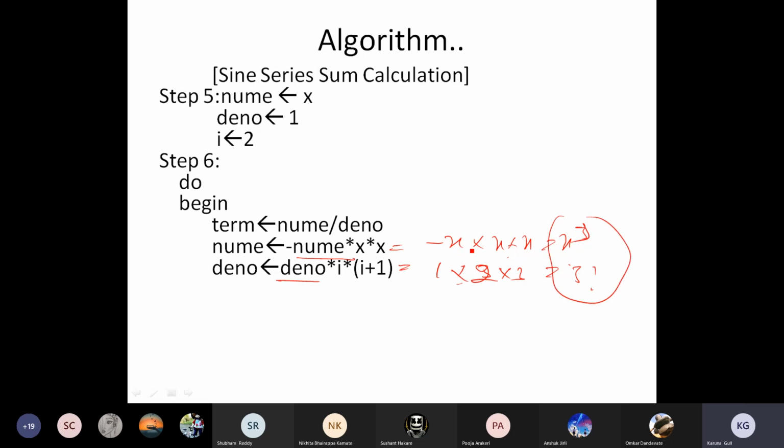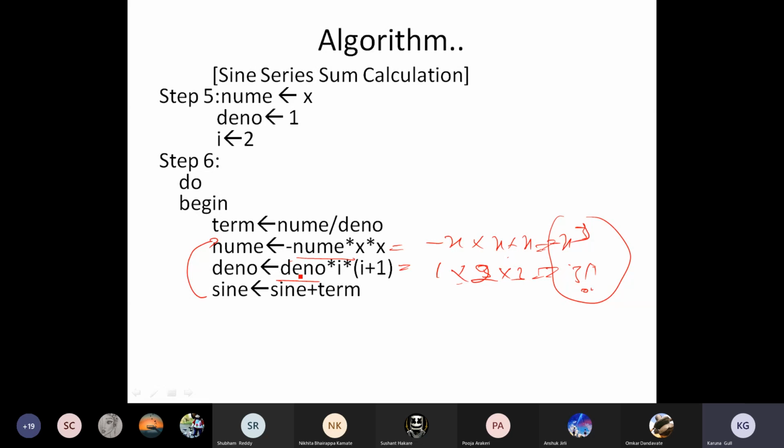So have you got the next term of the Taylor series here? Agreed? Yes, ma'am. Then you can write the sine function there. This sine can be written before this also, or here also, because I'm not doing calculation of the term here.